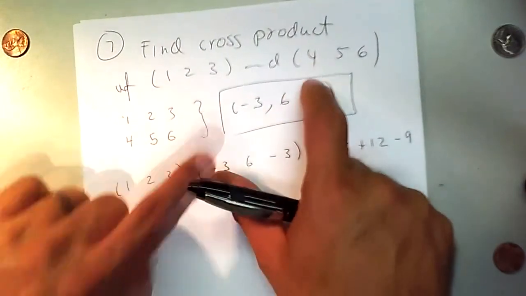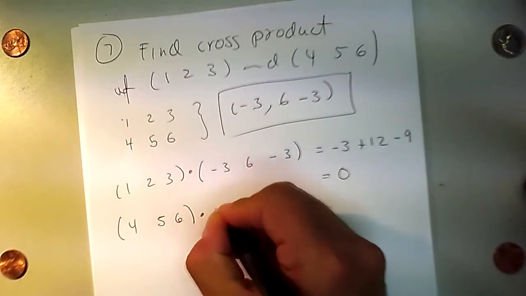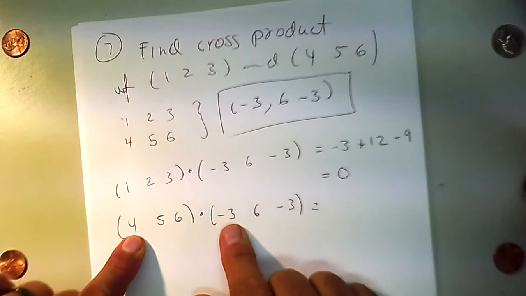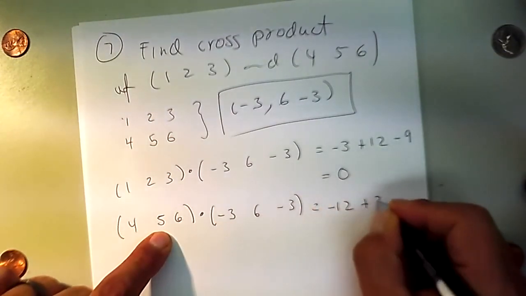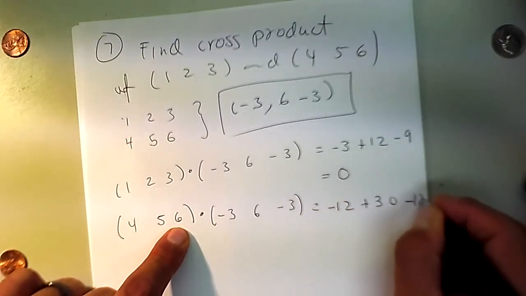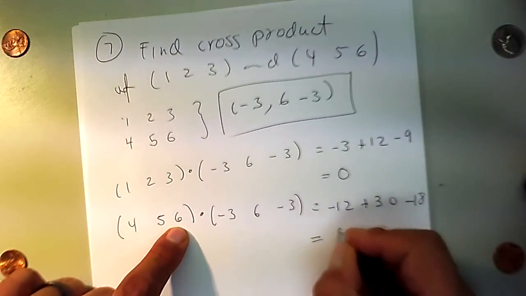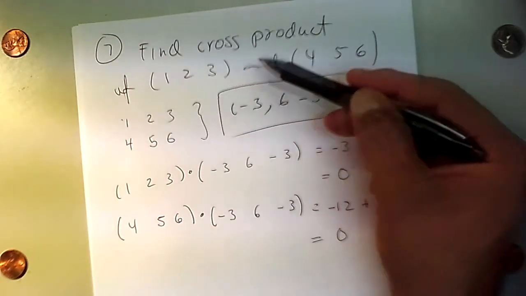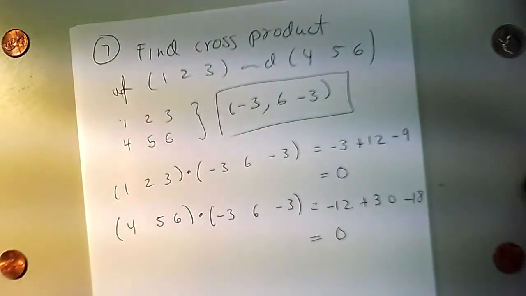How about those two? 4, 5, 6 dotted with negative 3, 6, negative 3: negative 12 plus 30 minus 18. And that's going to be 0 again. So that means this new vector is perpendicular to those two vectors.